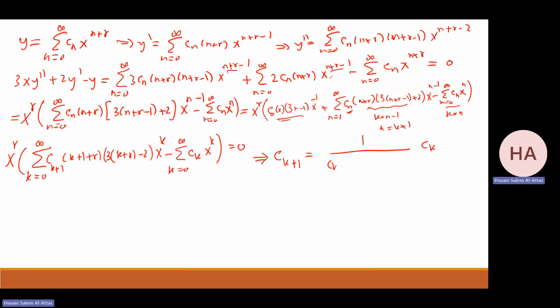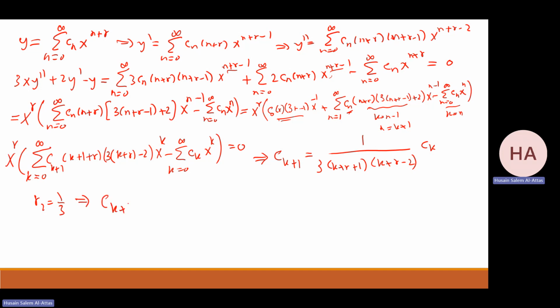I have what here? k plus r plus 1 times 3 times k plus r minus 2. Okay. Now you wanted to choose what? r equal the largest, r1 equal 2/3... r2 equal 1 over 3. It's okay.